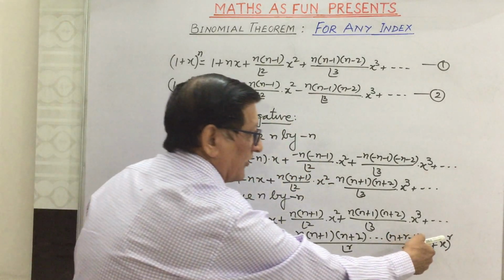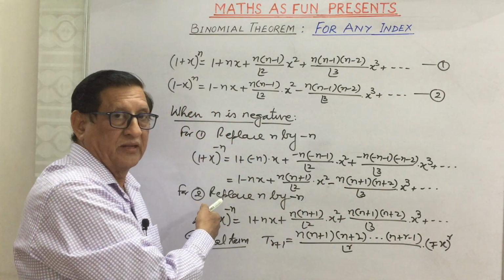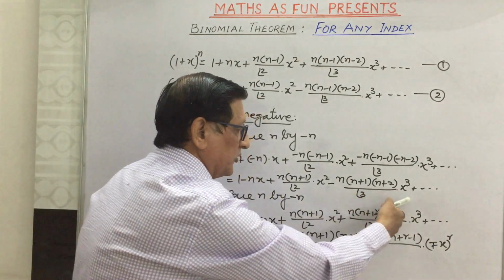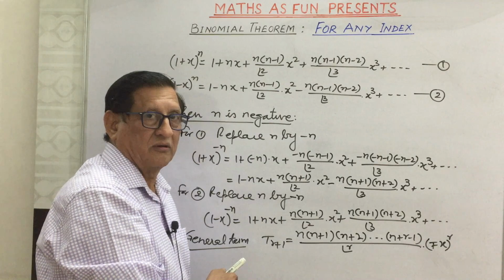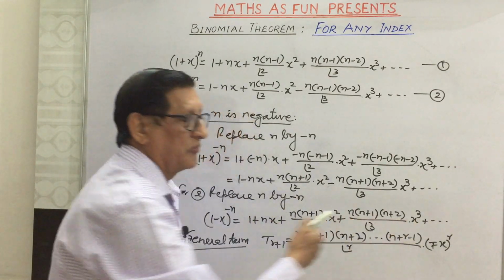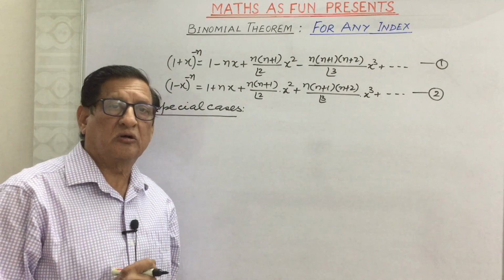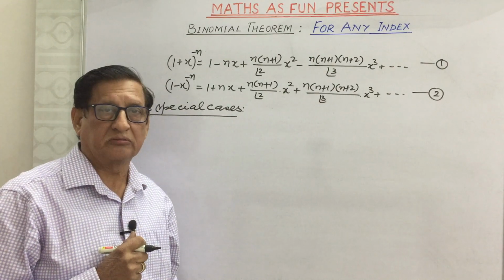This is because when r is odd, this will be negative in the first case, and when it is even, this will be positive. Whereas in this case, we will be using only the positive one because all the terms are positive. We discussed now about some of the special cases when n is a negative integer.